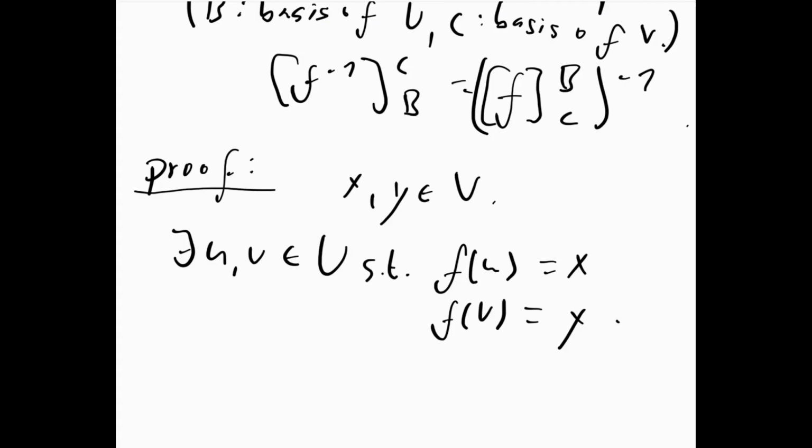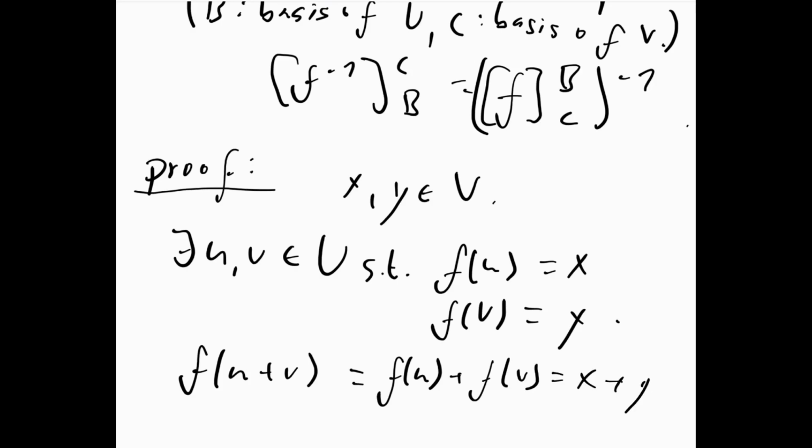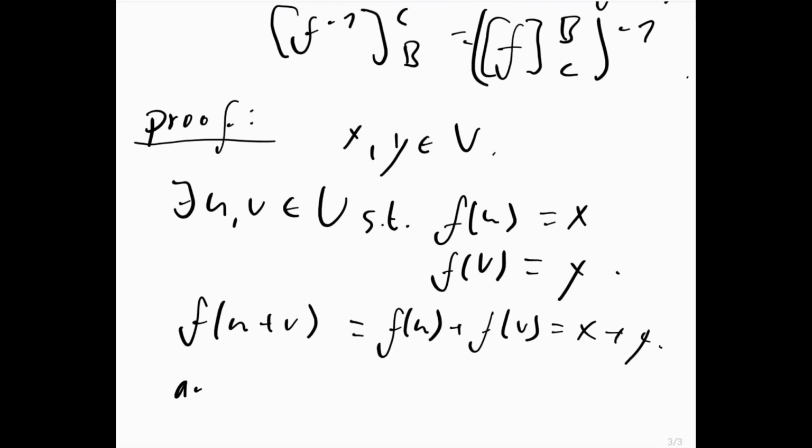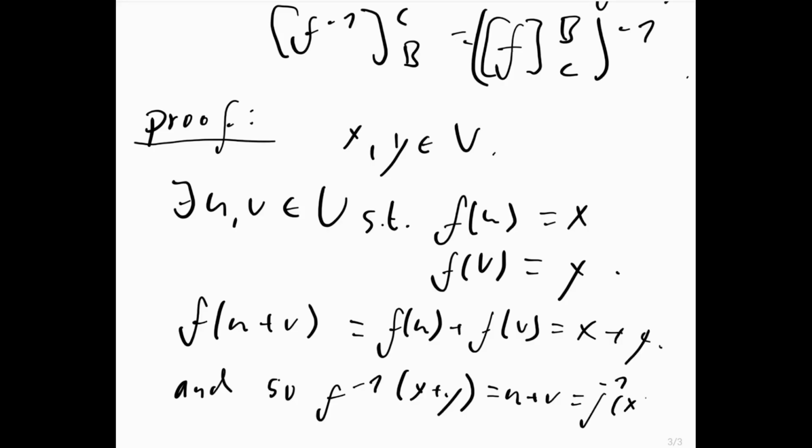All right, and F is linear, and so F of u plus v is equal to F of u plus F of v, which is x plus y. As simple as that. And so if we do the inverse version, all we directly get is u plus v, and then we get F inverse of x plus F inverse of y.